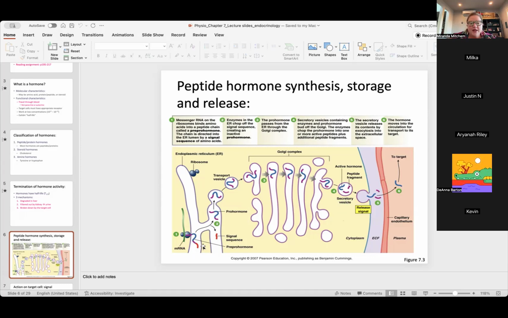So the pre part is the signal sequence. The pro part is what's sending it through the Golgi and giving the ability to have this cleavage, which is when it becomes active. So it's not even active until after it leaves the Golgi. Oh, okay, thank you. You're welcome.